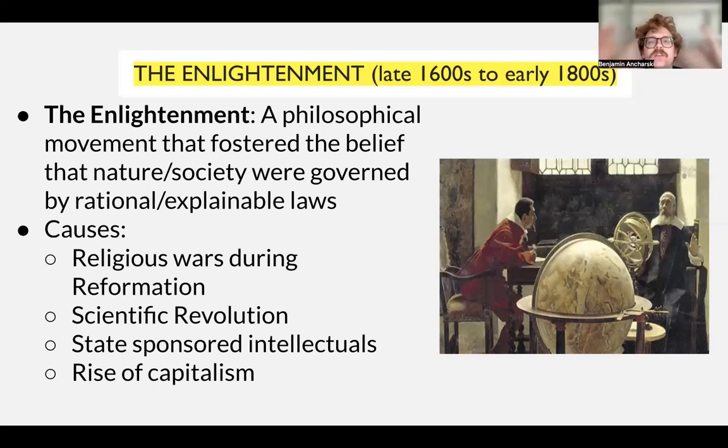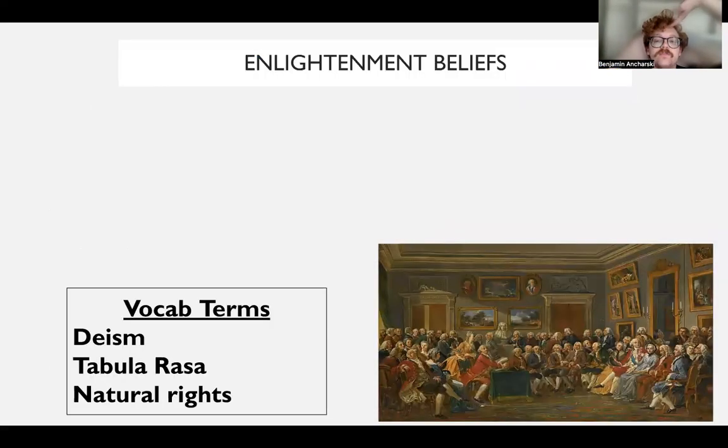But why the rise of capitalism? Well, mostly because the rise of capitalism leads to a new class, the merchant class or middle class or bourgeoisie, as we'll talk about later. And this new bourgeoisie is going to gravitate towards Enlightenment ideas, as we'll see in a second, of property rights. But let's talk about that more just now.